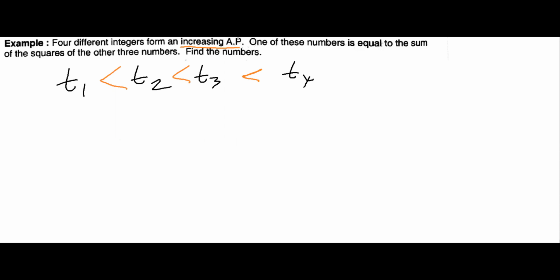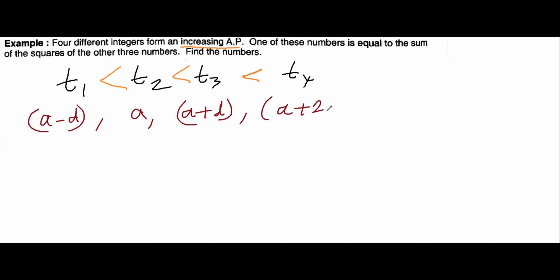Which four terms can I take? This T1 I will take, say, A minus D. This T2 I will take A, this T3 I will take A plus D, and this T4 I will take A plus 2D. Okay, they all are increasing. And why am I saying that this is increasing?